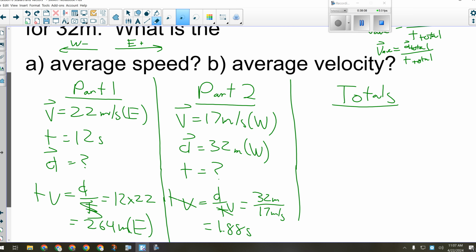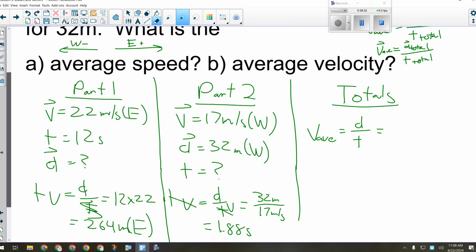Absolutely I can. So for the first part, wanting to calculate average speed, I need total distance divided by total time. Well, distance, 32 meters and 264 meters, because I don't care which direction for distance. Distance is how far I go. Everybody okay with that?